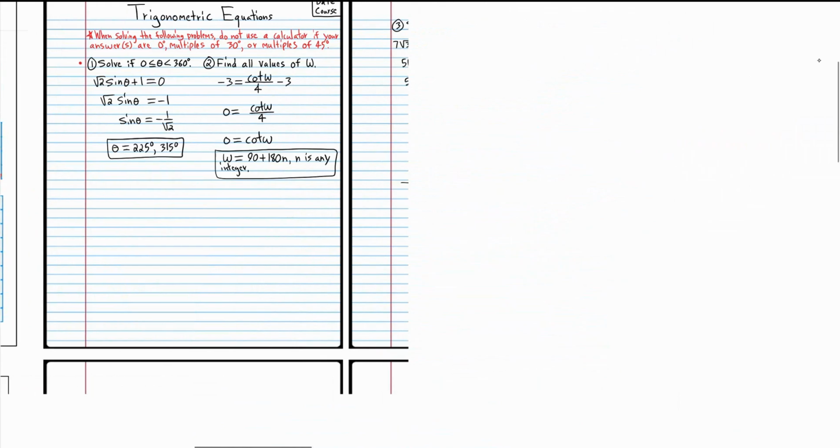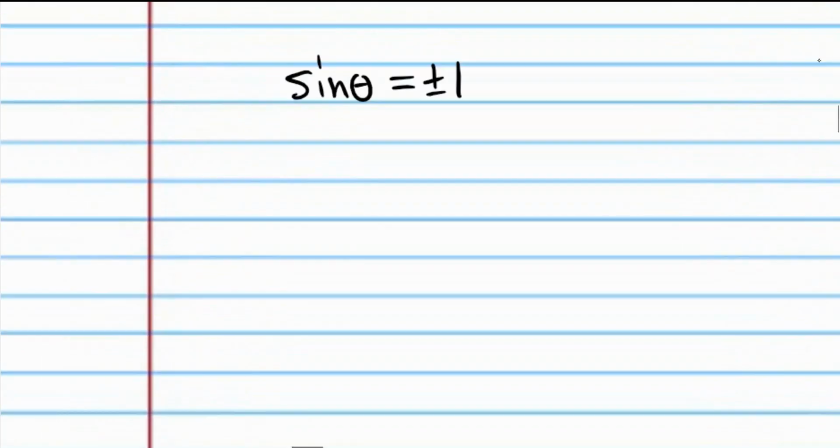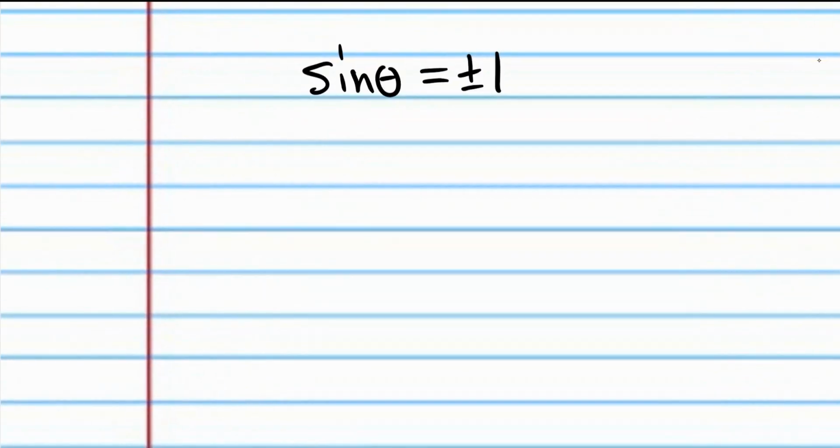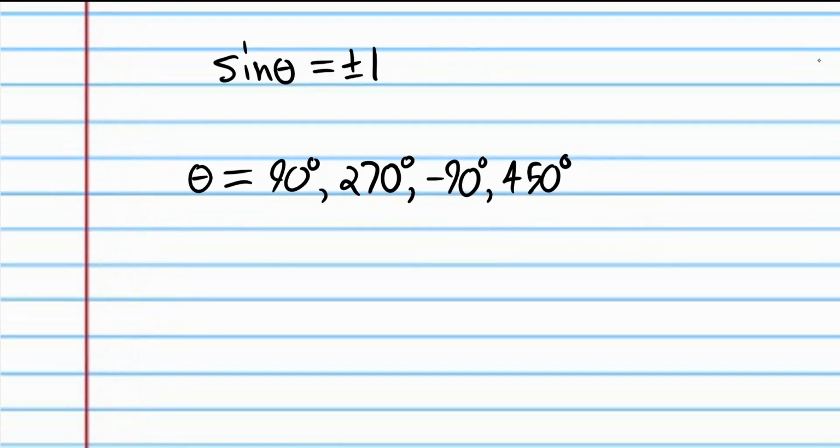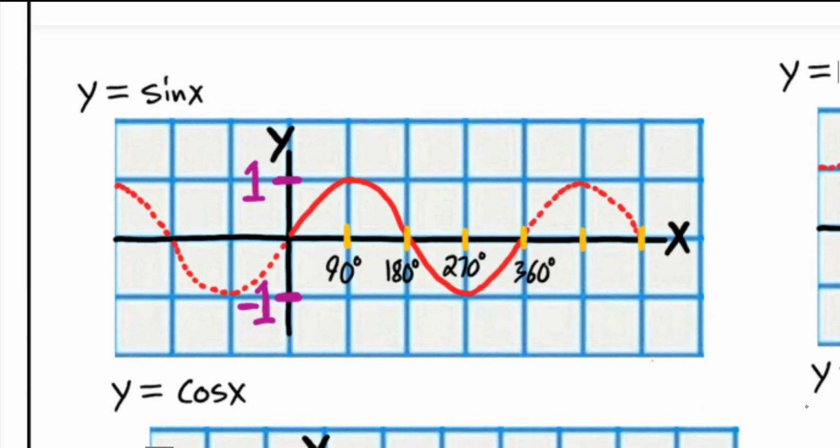So let's write some of those numbers down. We don't know exactly how to write this. So let's think about this. 90, 270, I saw -90, and also we had 450. So we have to write equations somehow, and it looks like the solutions, again, these are the solutions. It looks like the solutions are all 180 degrees apart.